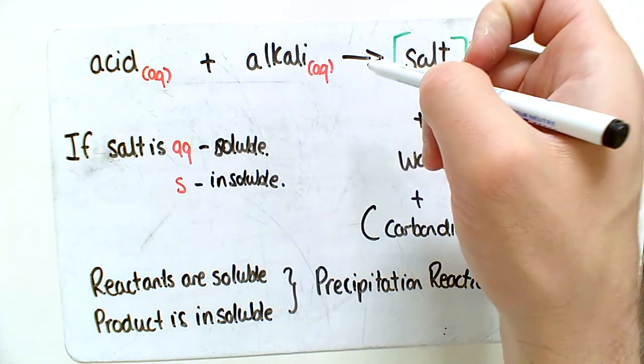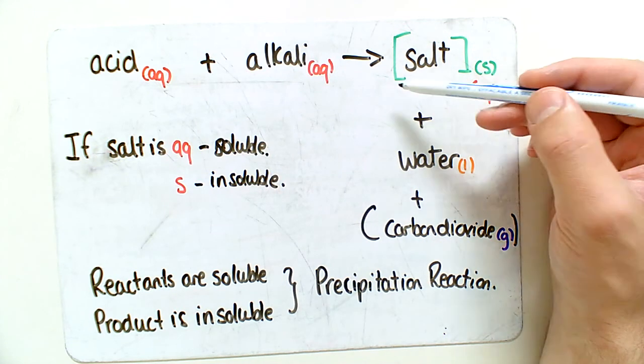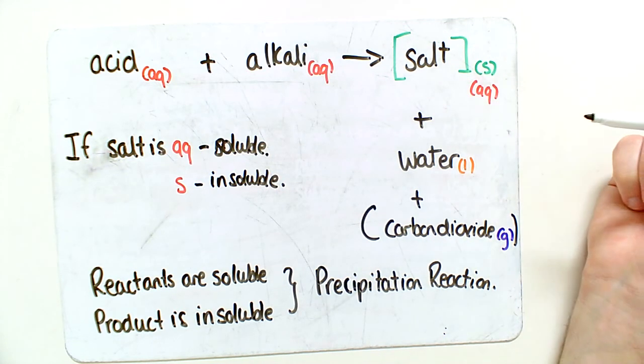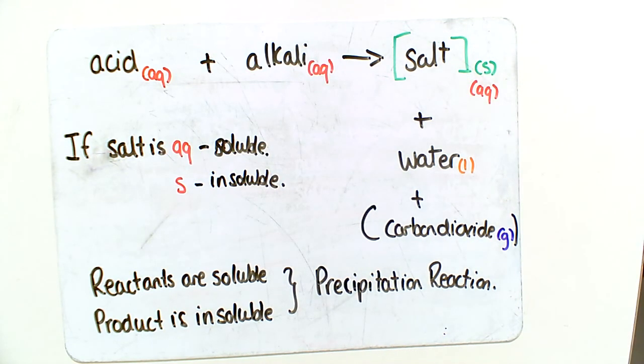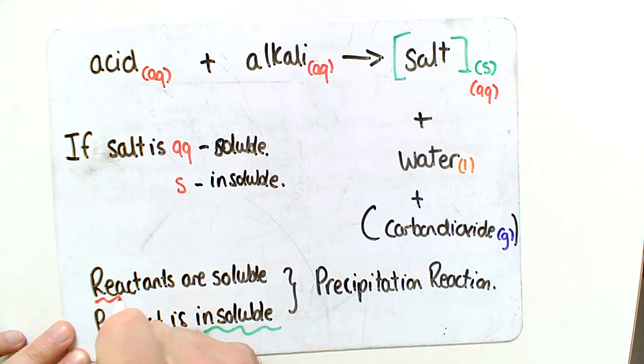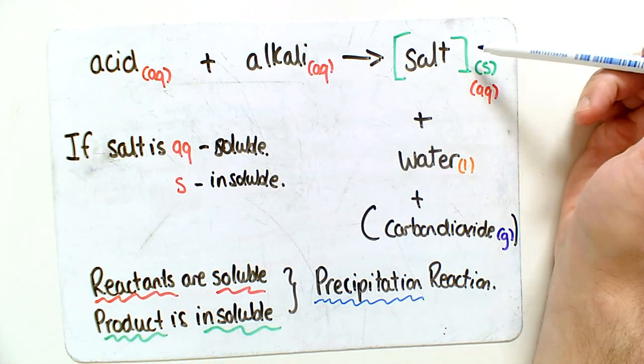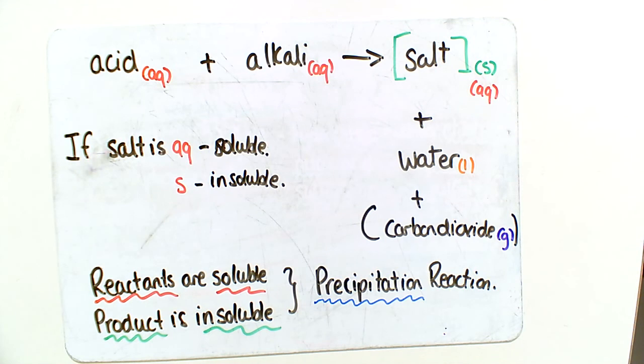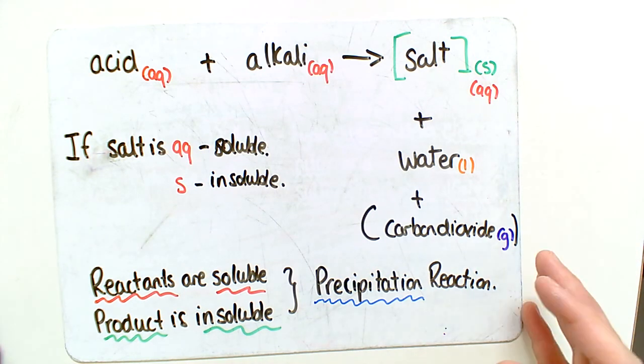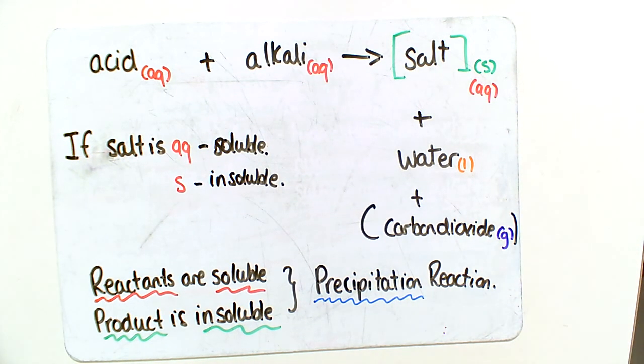So it's still a neutralisation reaction, but if we get a solid product that's insoluble, we call it precipitation. So if the product is insoluble, but the reactants are soluble, we call it a precipitation reaction. And so we're always looking for if this is soluble or if that's not soluble. And that's really all there is to it.